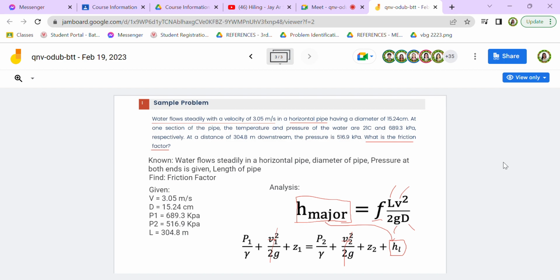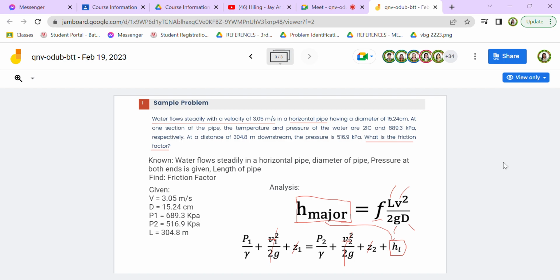So yung elevation head natin at point 1, kapag pinag-subtract mo sa elevation head at point 2, masisira lang naman sila. Kaya cancel na lang natin, leaving us with the pressure head alone. So P1 minus P2 divided by the specific weight ng water is equivalent to the head loss.